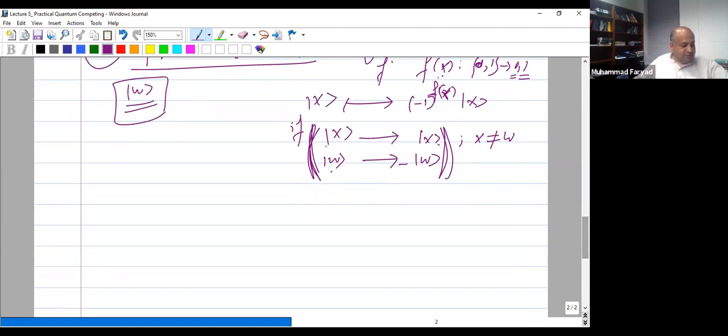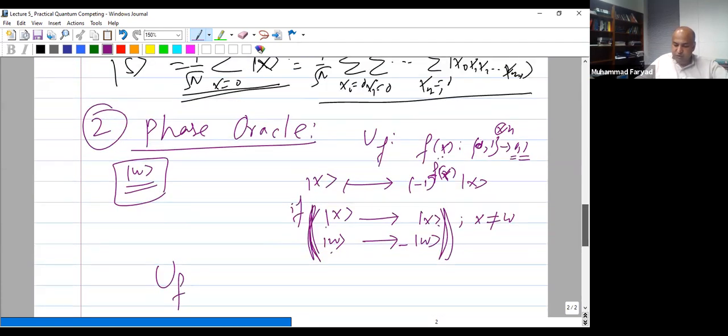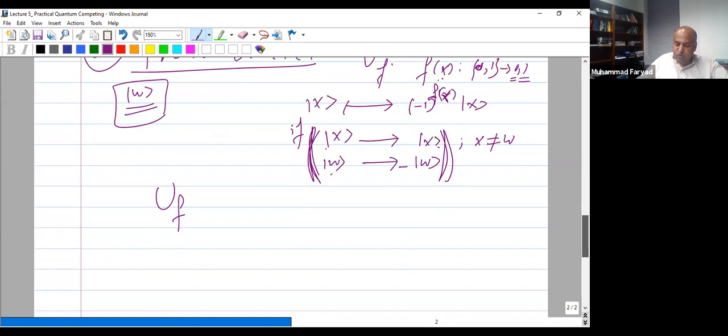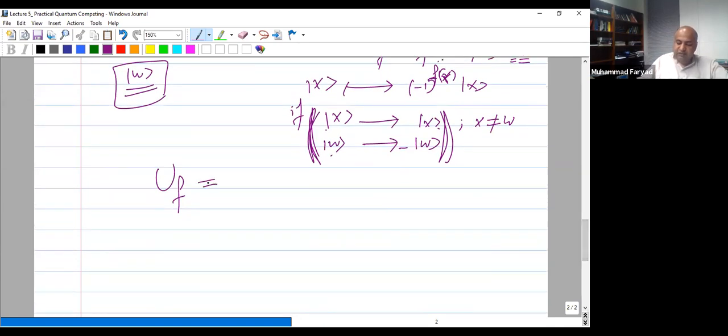So let's now see how we can represent this phase oracle in operator form, because I will have to work out how this state is transformed after passing through the oracle. So I can write this oracle UF very easily like this.